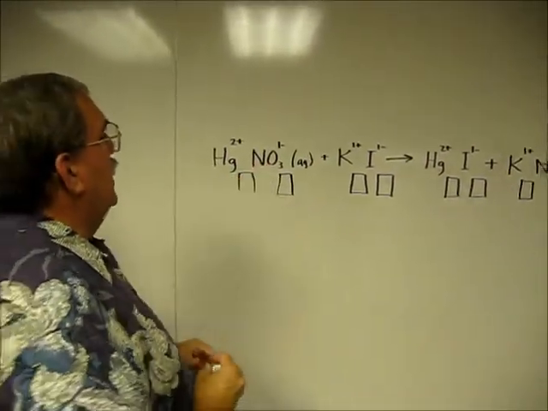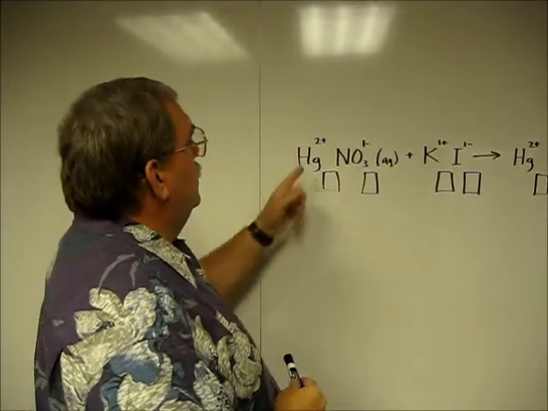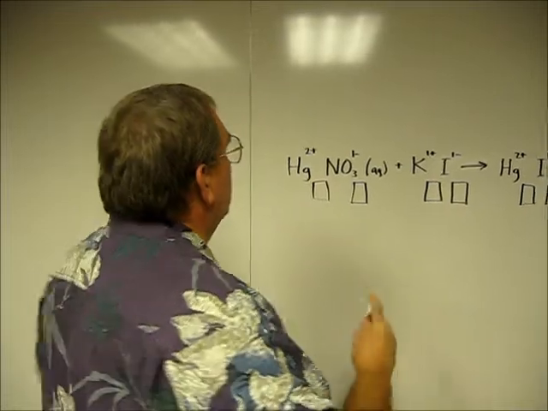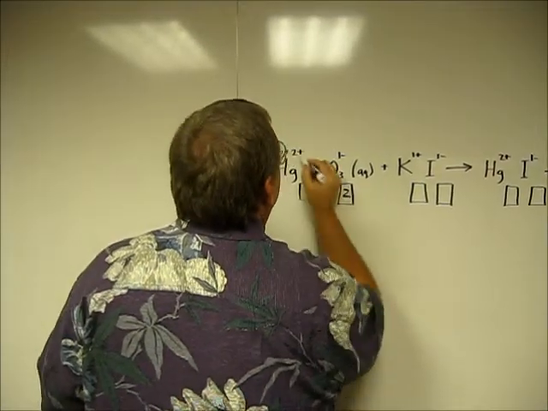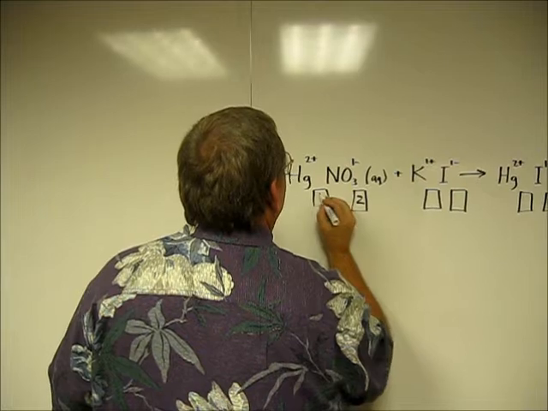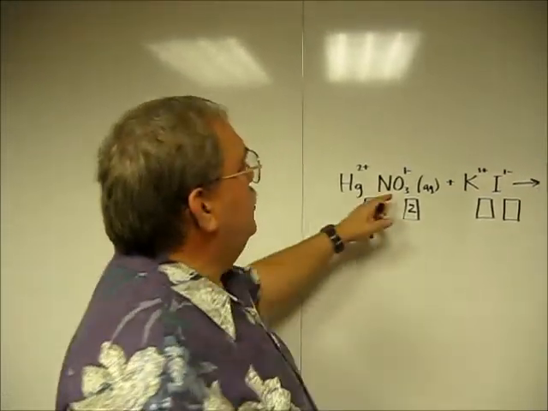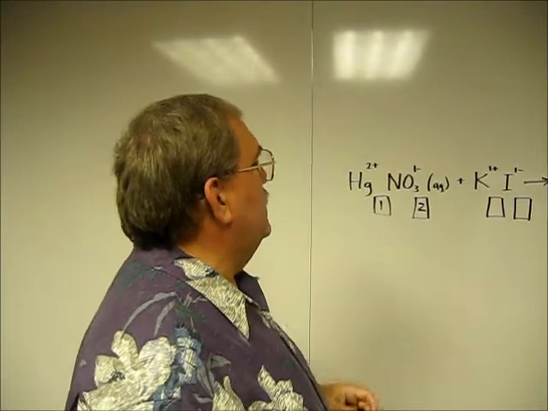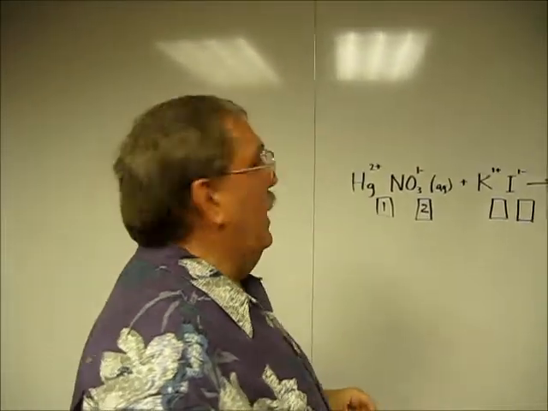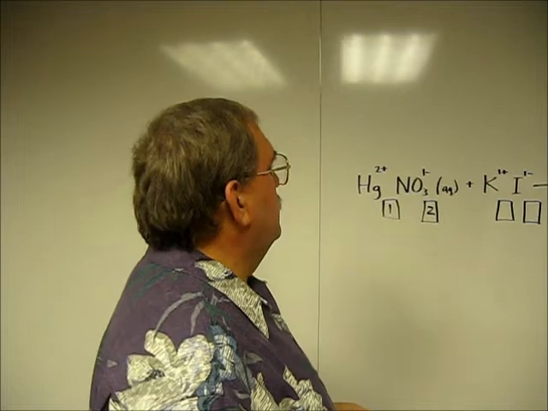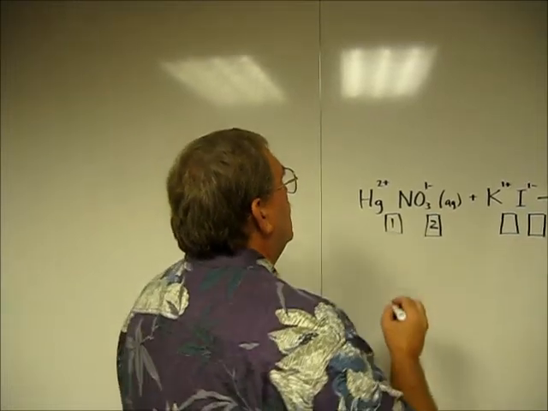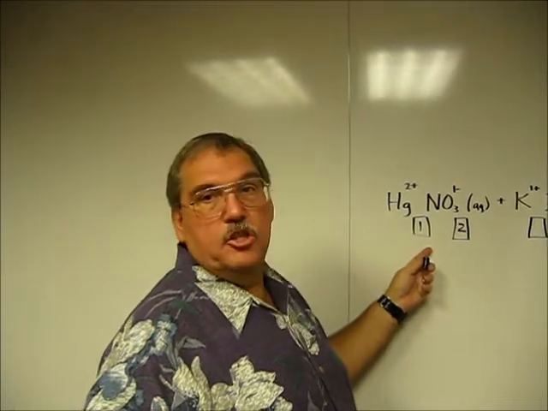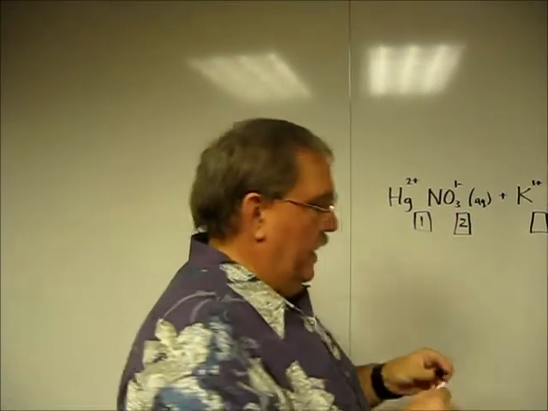Here, in order to get a neutral charge and balance where we have 2+ with mercury, doing crisscross here, we find that 2 nitrate ions would give a 2- charge, balancing with the 1 mercury atom with the 2+ charge. When we find that we have a single atom, we don't actually show the 1. We leave that off.